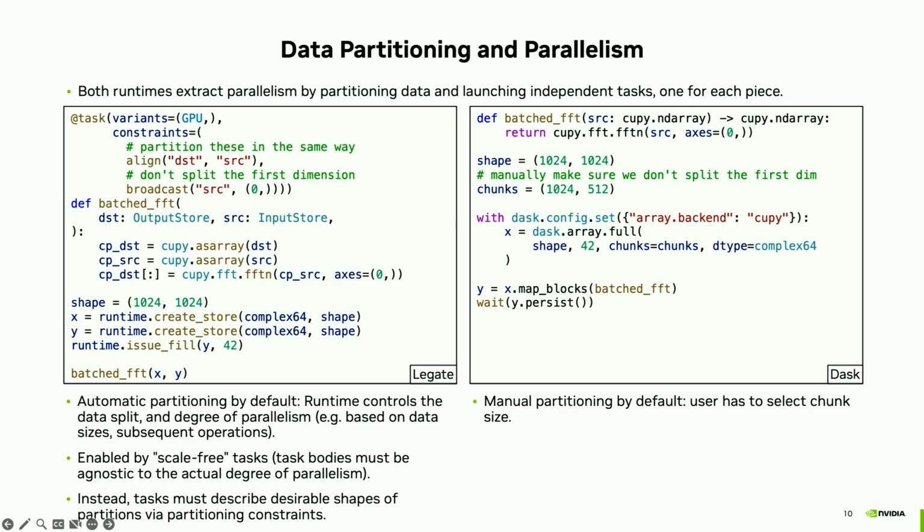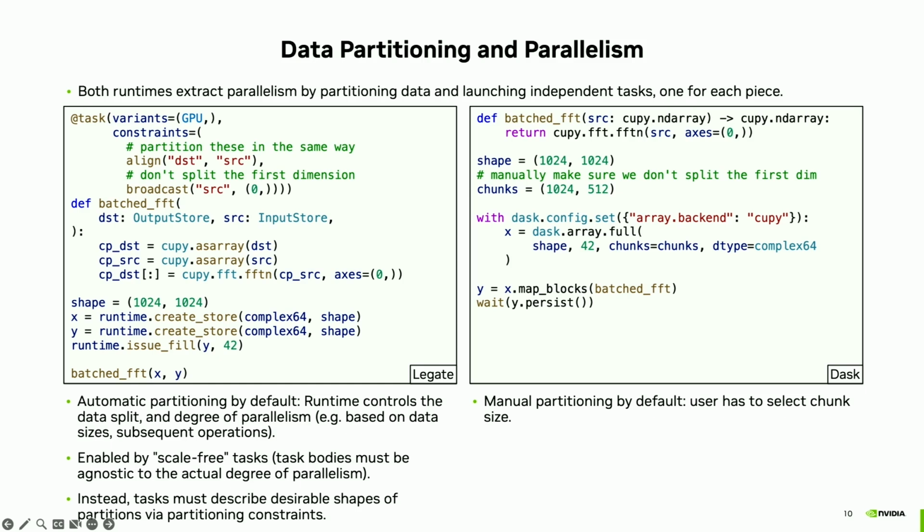On the Dask side of things, the user, here I'm showing how you would initialize a Dask array, which is a collection of objects. It's a collection of futures that points to objects that will be computed and will be placed in a specific memory.